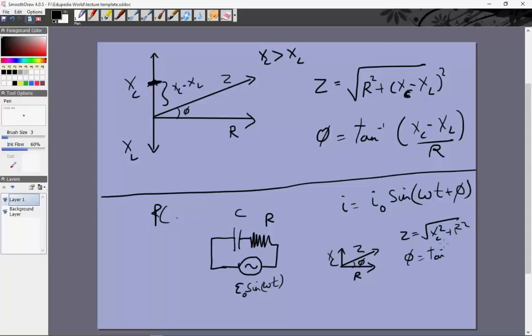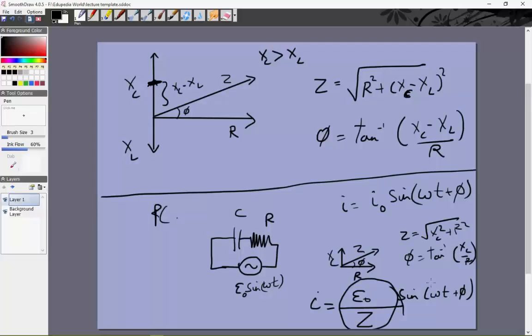Phi will be tan inverse XC by R, and the final equation will simply be I is equal to E0 divided by Z sine of omega t plus phi. So phi we get from here, after we get Z we get I0 from here. The same thing we do for the others, right?